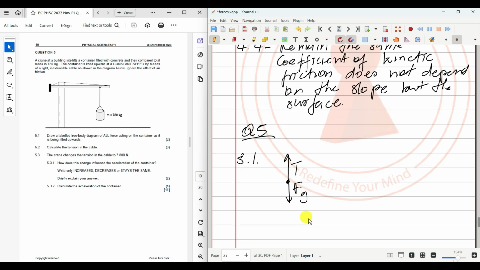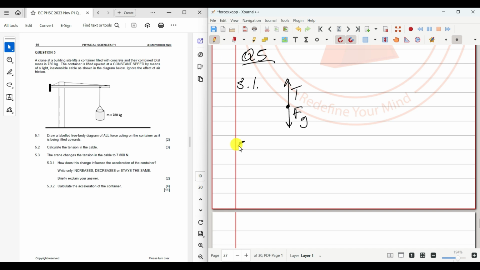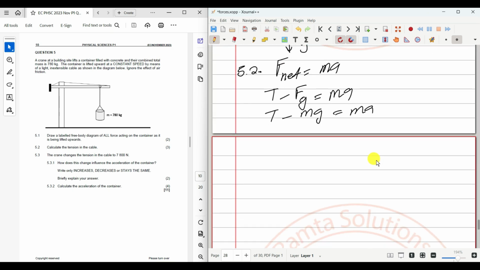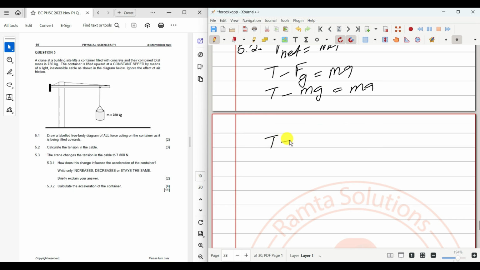So that's it. Now 5.2. Calculate the tension in the cable. So here F net is equal to ma. So tension minus F g equals ma. Remember this F g is mg. Our tension, we do not know what it is. Our mass is 780. Gravitational acceleration is 9.8.